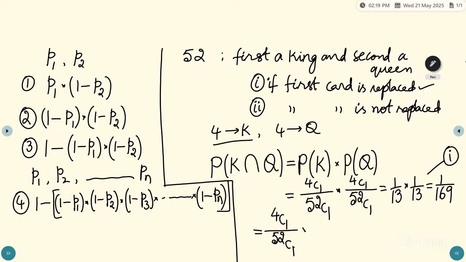Choose one of those four kings. How many queens are there? But whatever the taken card is, replaced or not replaced, how many are left? 51. Choose one. How many queens are there? Out of 4, choose one of the queens. What is the answer there? 1 by 13 into 4 by 51. What is the value?